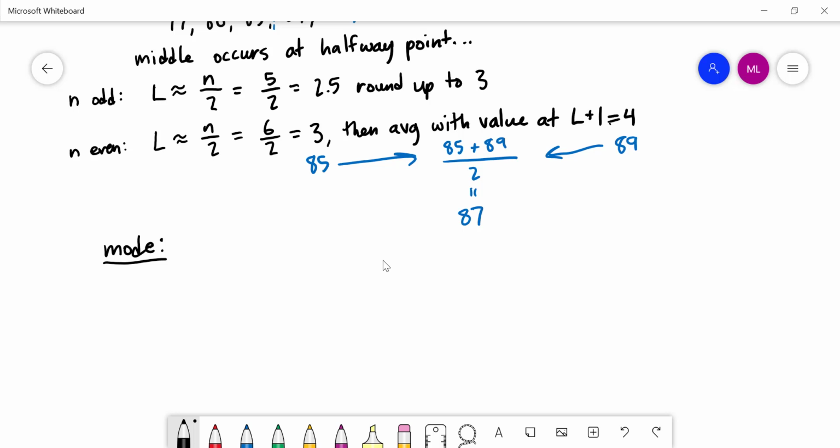The mode is the most common, or another way to say that would be the most frequent value in our list or in our data set.